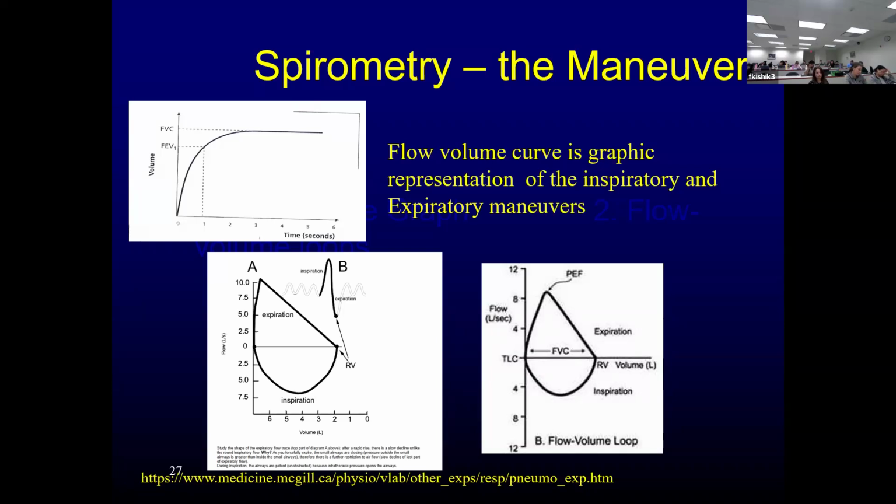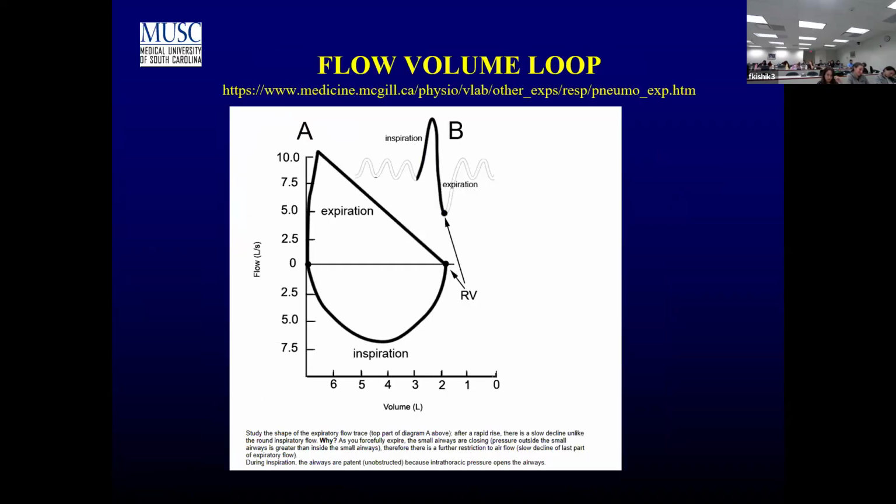You take a deep breath in and exhale out, and it is plotted like this. This is your inspiration, this is your exhalation, and you get a plot like this. A normal flow volume curve has a clown hat appearance. Touch your imagination, it does look like a clown hat. Does it not? Yes. Okay.